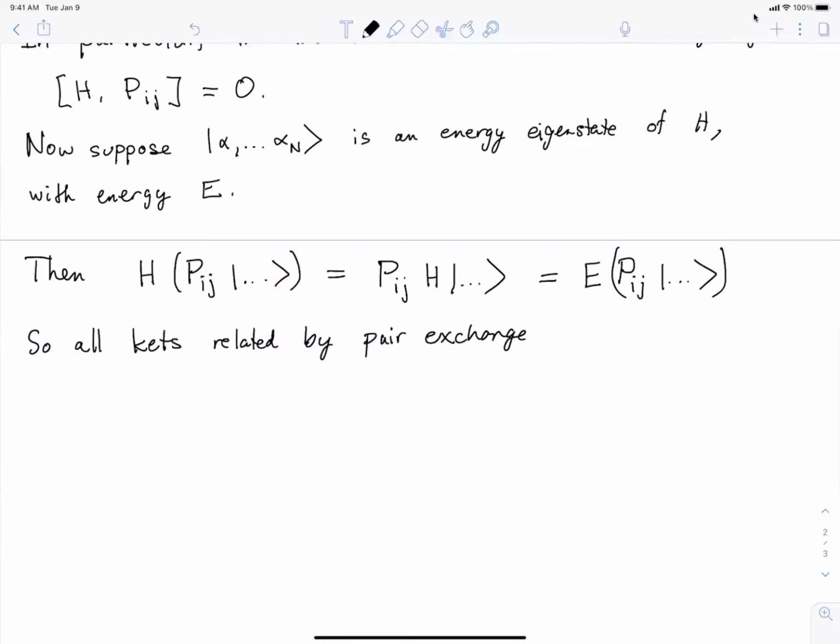So all kets related by pair exchange of identical particles.